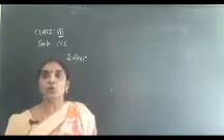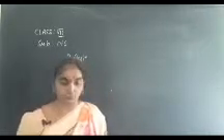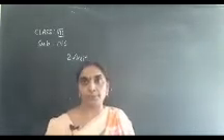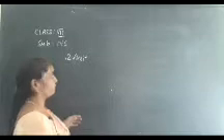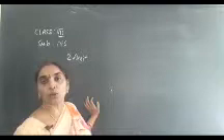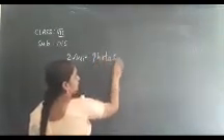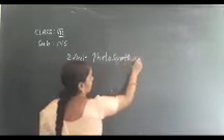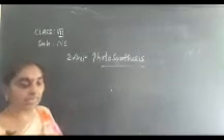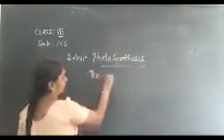The process by which the green plants prepare their own food by using sunlight, from carbon dioxide and water in the presence of chlorophyll, is called photosynthesis. Photo means light. Synthesis means preparation. Preparation of food in the presence of sunlight is called photosynthesis. Once again I repeat children, photosynthesis is the process by which the green plants prepare their own food.